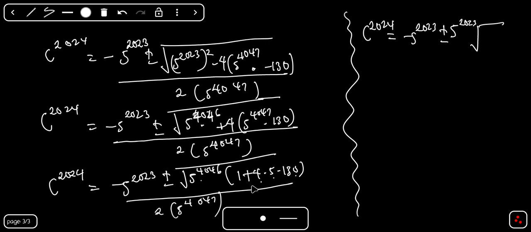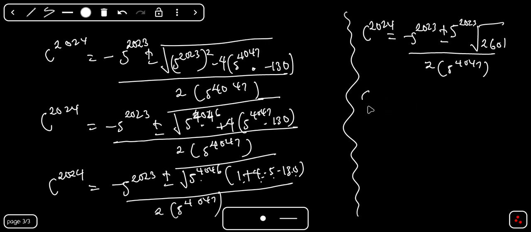That should give us 2,601. Then everything over 2 multiplied by 5 raised to the power of 47. If you take the square root of 2601, that should give us 51.